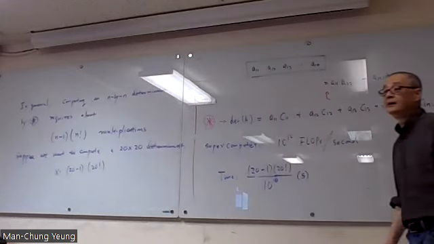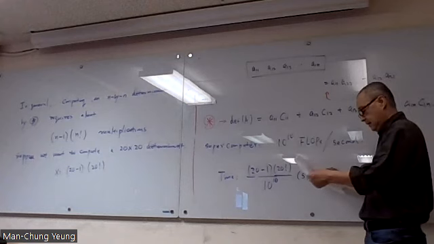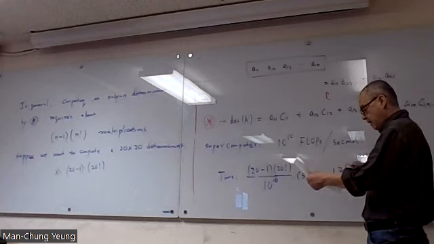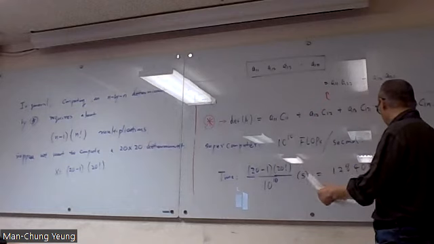Make sense, right? 1 hour has 3,600 seconds. So how many hours? Calculator.